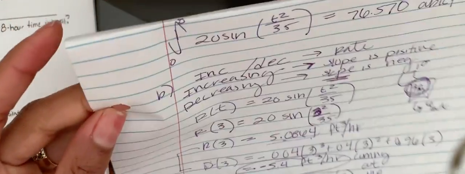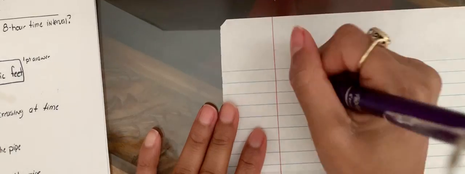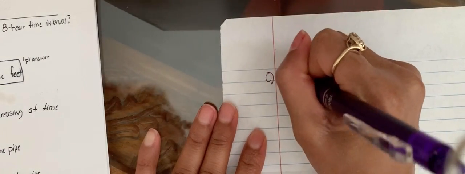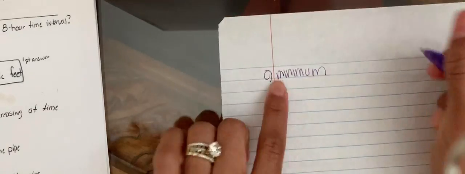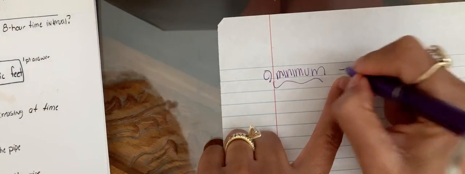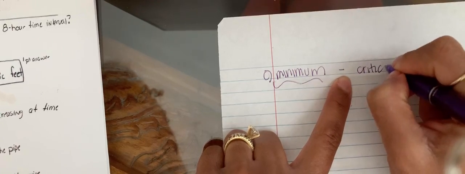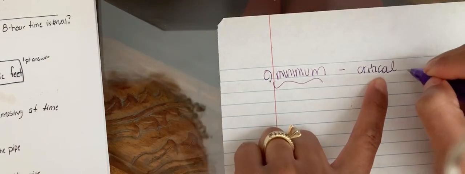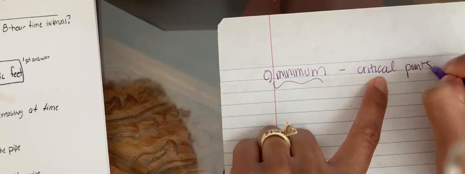So now let's look at question C. Question C says, at what time is the amount of water in the pipe at the minimum? Boom. Soon as you see minimum, what's going in my head? How do I find minimum? Well, minimum, you find it by looking for critical points, right?